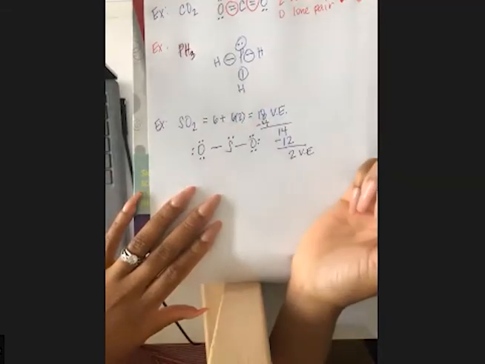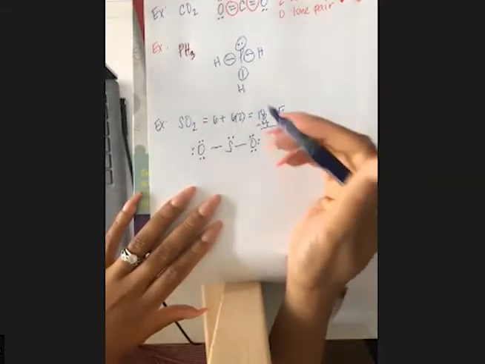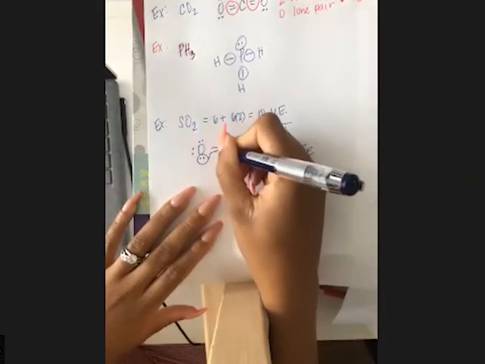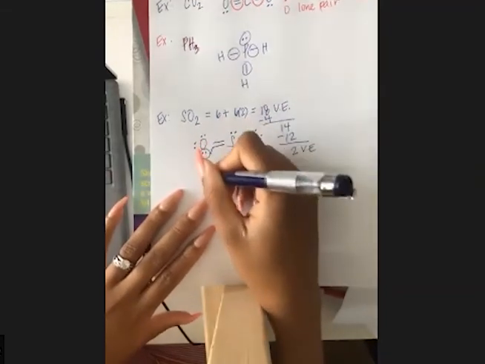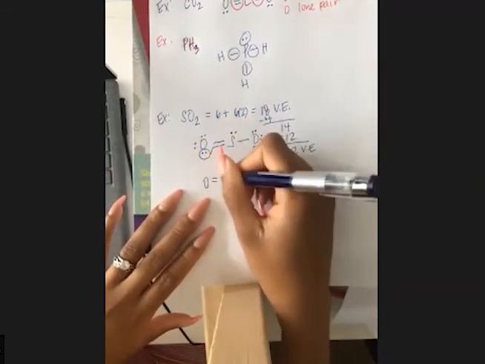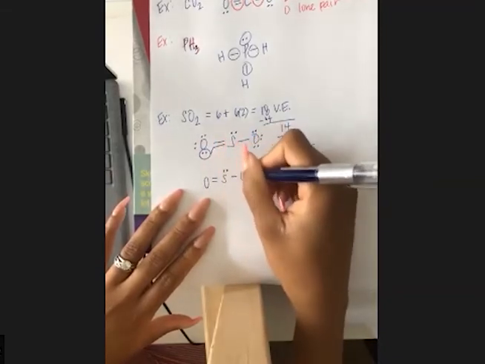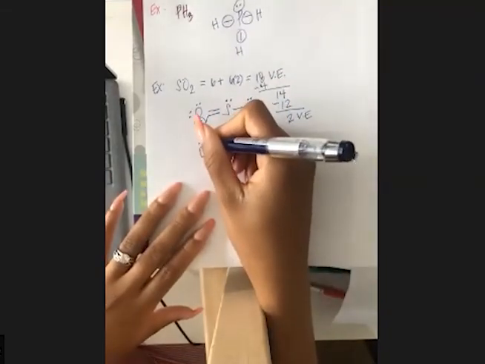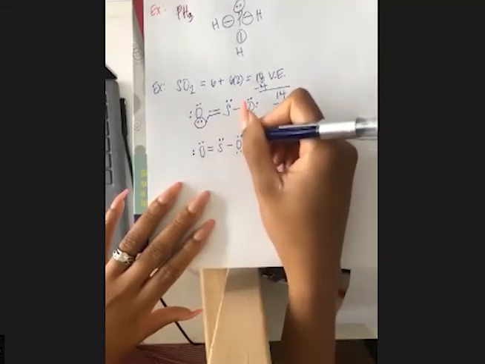When I do that, oxygens are happy, but my sulfur is not happy. So remember, I can break a bond with either one of these oxygens. Remember, this is resonance. It doesn't matter which oxygen I pick. I break a bond and the overall structure looks like this, with a lone pair as well. And we say that this is the overall structure.